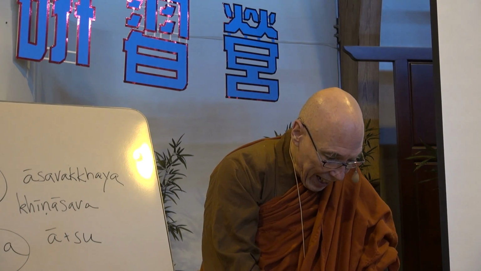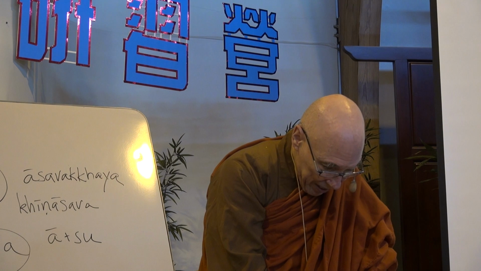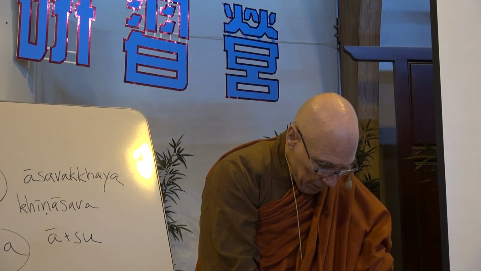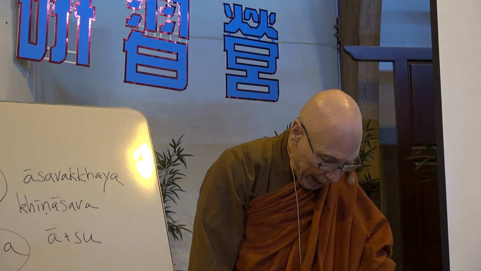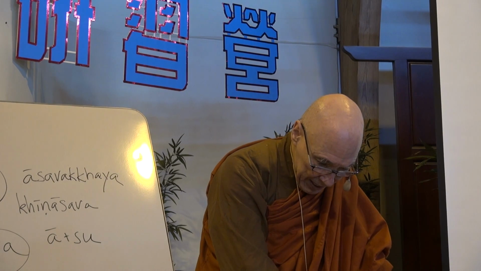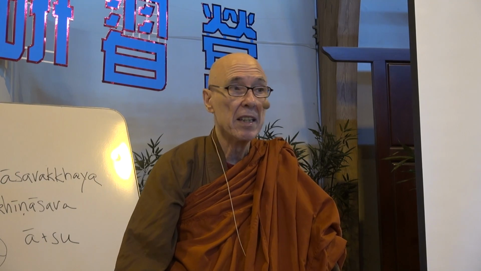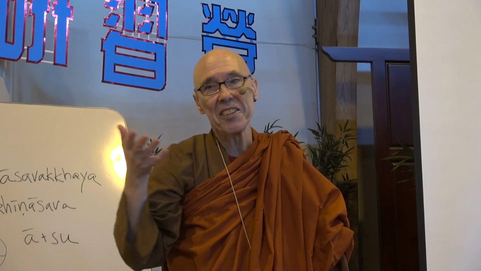Okay, then we have the asava of wrong views. So where amongst the unwholesome factors do we find this asava? Right, exactly. It's self-explanatory. And then we have the asava of ignorance. And what is that amongst the unwholesome mental factors? Right, delusion.